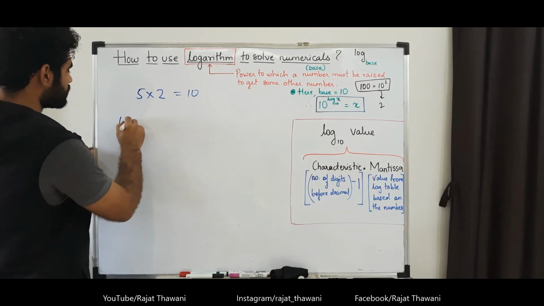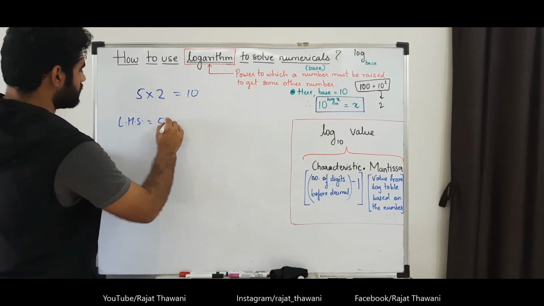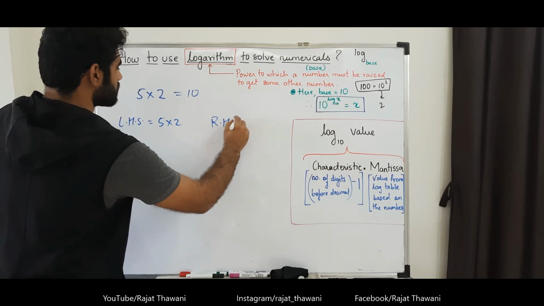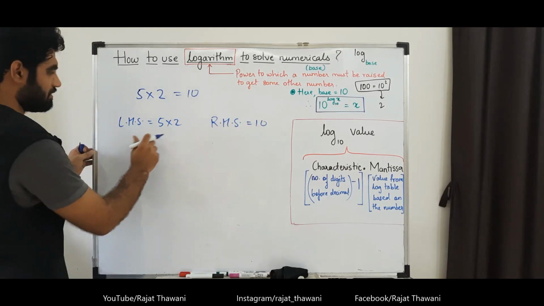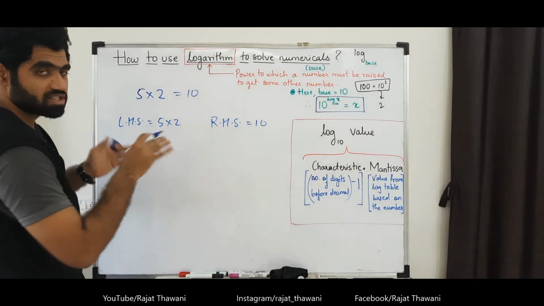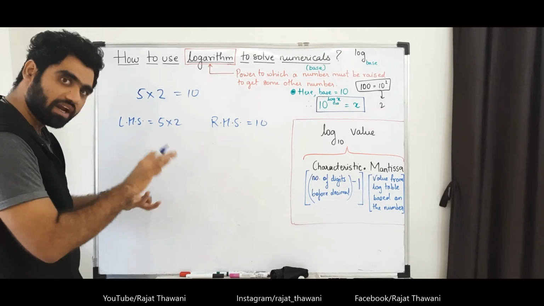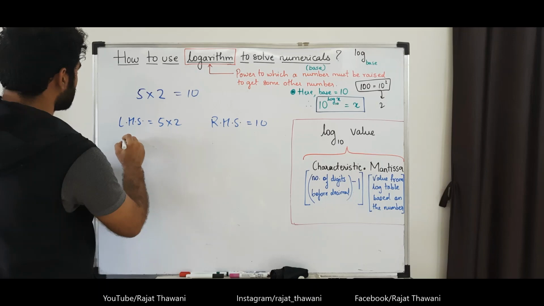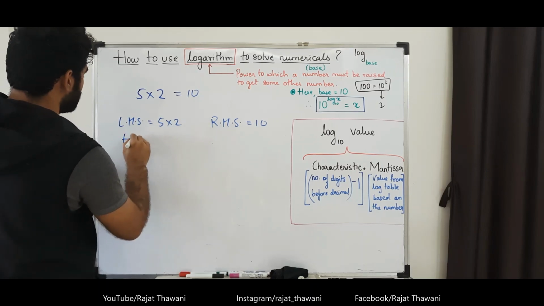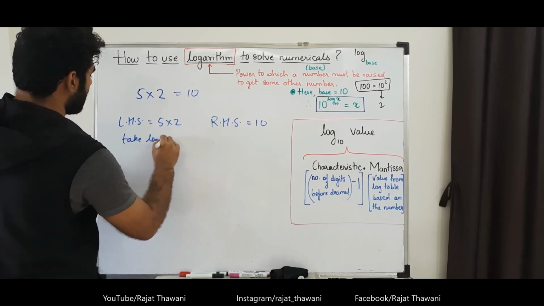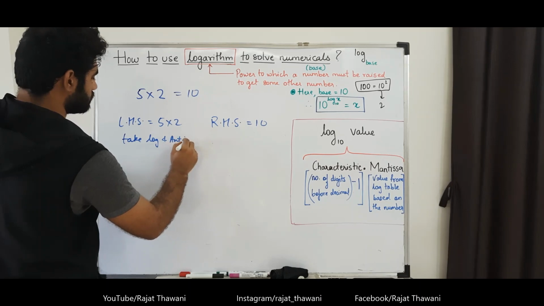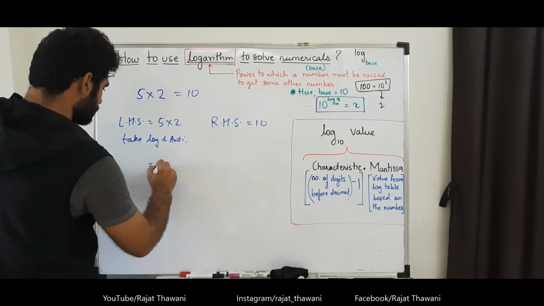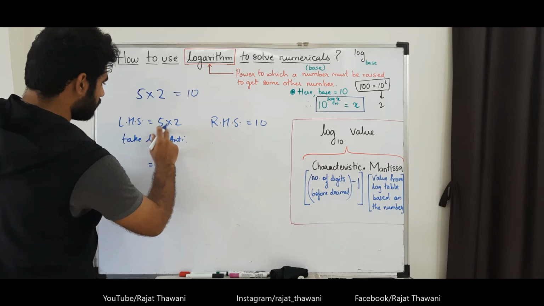So I take LHS as 5 into 2 and RHS as 10. So for 5 into 2, let's take log. Now you cannot just take log, you need to compensate that log by taking antilog also. So I'll say therefore, take log and antilog. Therefore LHS will be equal to log of 5 into 2.